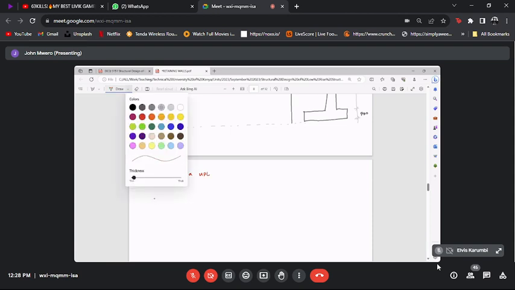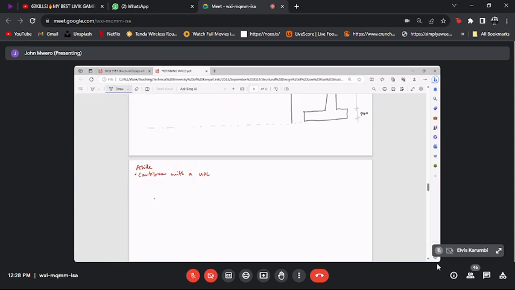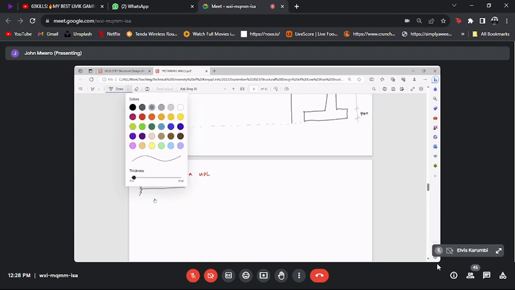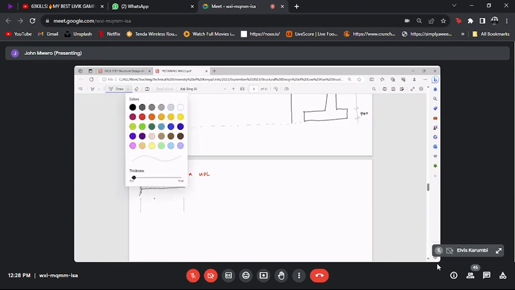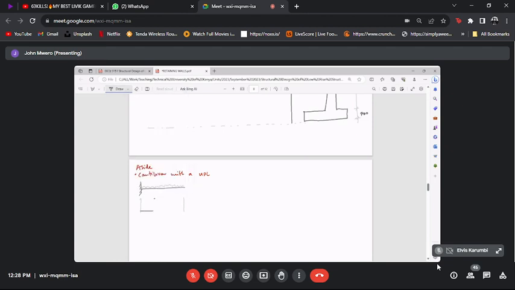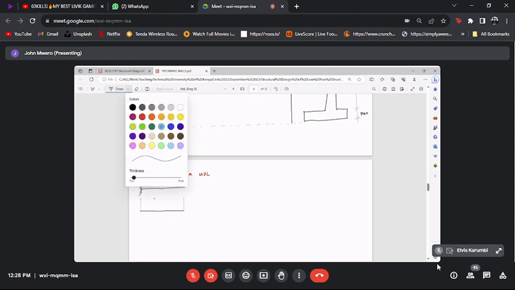Just to remind you, this one I know you know. It has a uniformly distributed load. The bending moment will look like this.